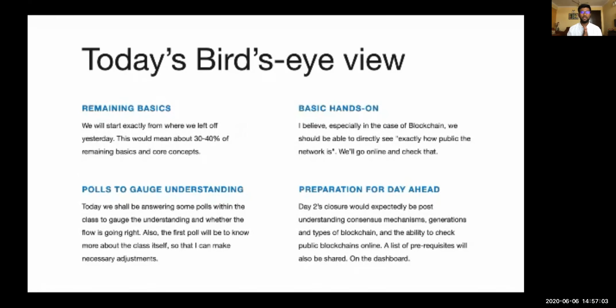All right, today's bird's eye view. We will first take a look at the remaining basics, because there were some really important pieces of basics which were pending since yesterday, and we could not cover them yesterday but they are important, so we will cover them first. About 30 to 40% of the basics are remaining today, which includes consensus mechanisms as the most important topic.